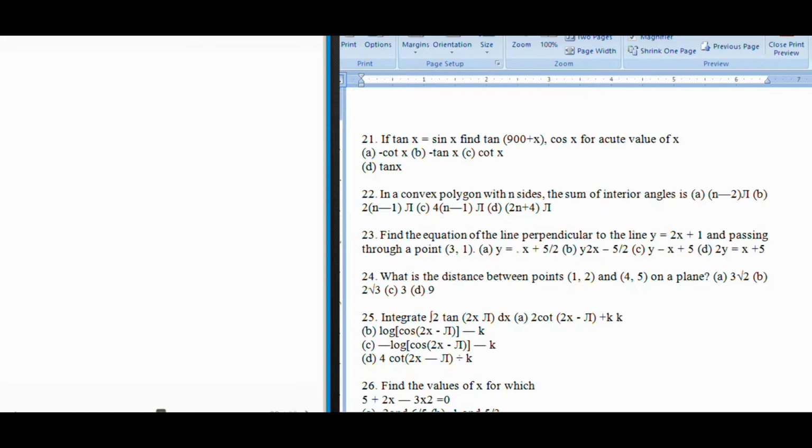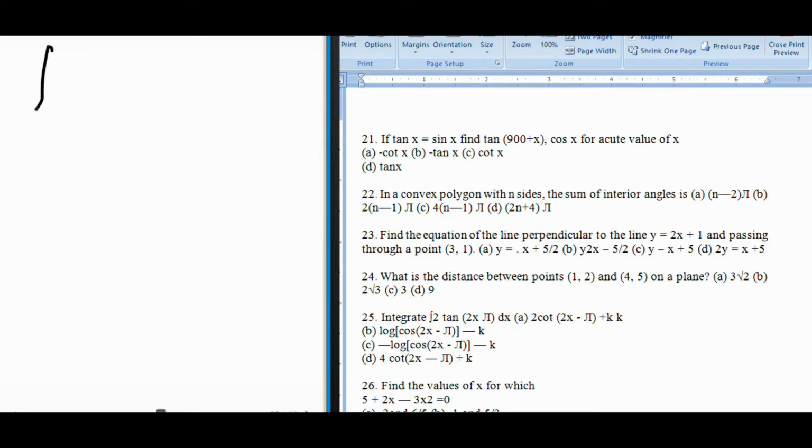Now, in order to integrate that, don't forget that we are given an expression for the integration of tan x.